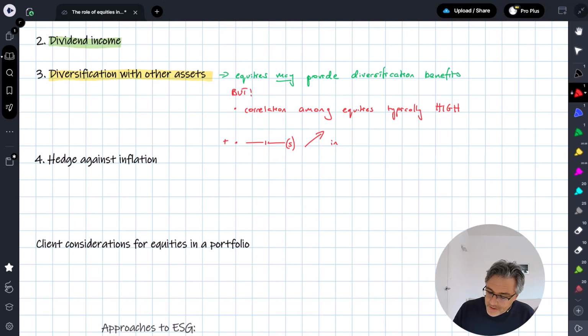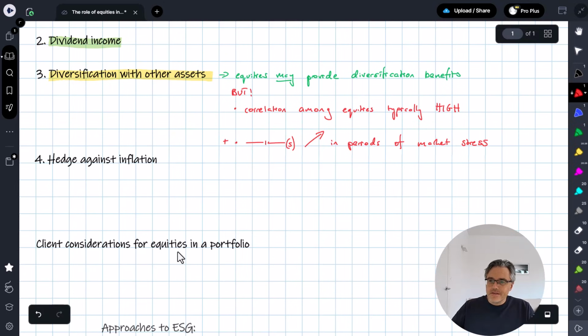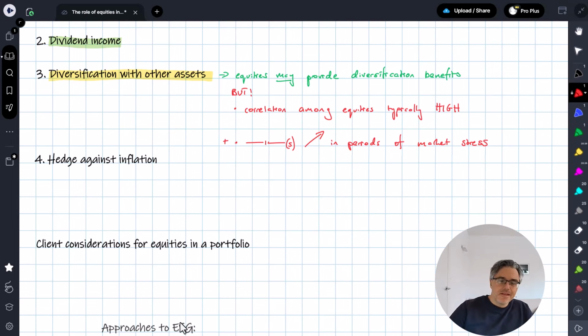So they increase in periods of market stress, crisis, and all those diversification benefits become very small. In fact, they stop really existing. They stop being benefits when things just go in the same direction. Equities, fixed income, all the different stocks plummet down, for example.